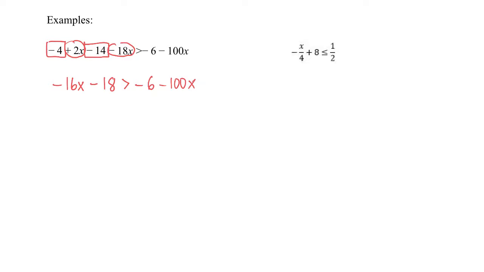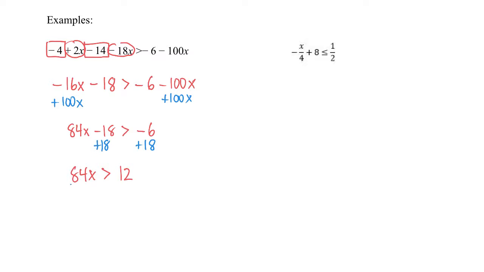Then I'm going to add 100x to both sides. That gives me 84x minus 18 is greater than negative 6. Then I'm going to add 18 to both sides, and that gives me 84x is greater than 12.